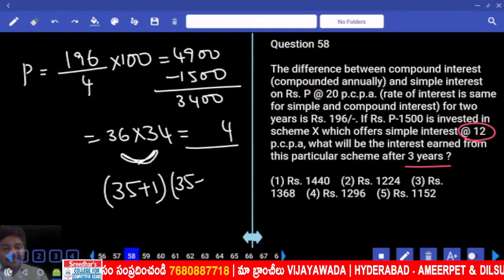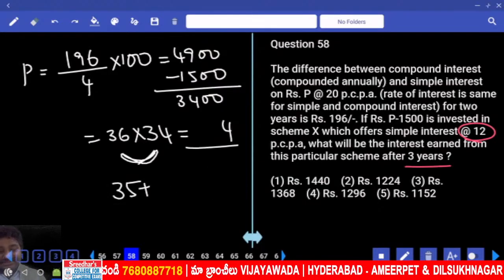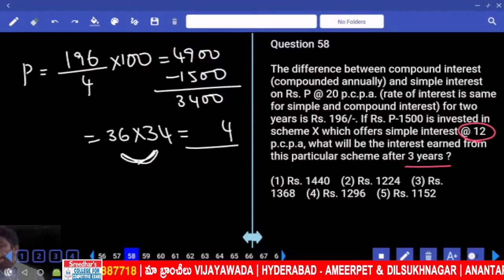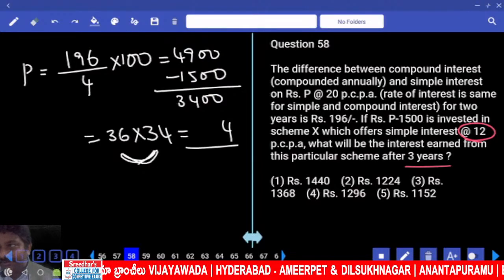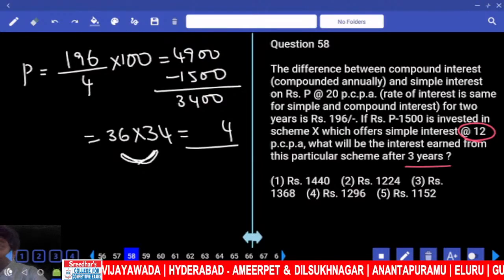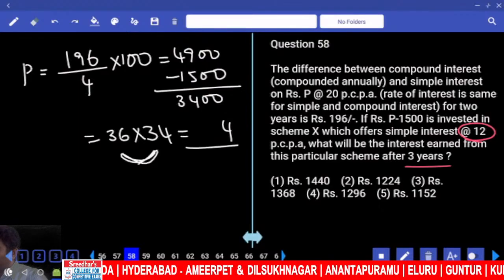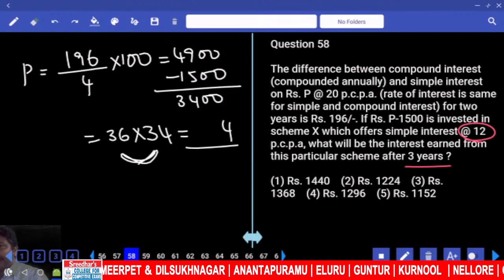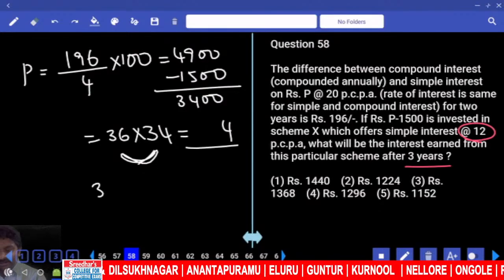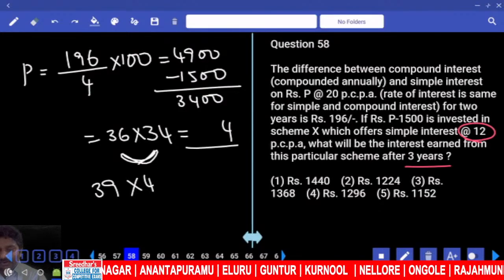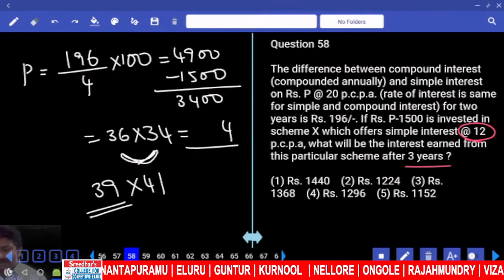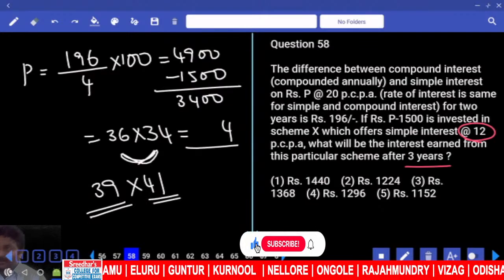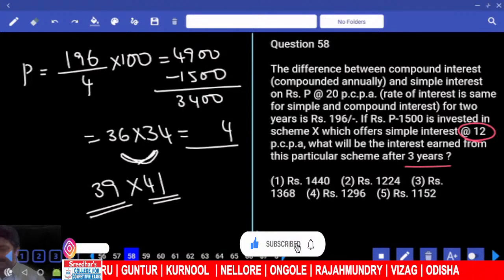So this is middle number square minus 1. This concept can be used for the product of two consecutive even numbers and at the same time the product of consecutive odd numbers also. Even for odd numbers we can use it. 39 into 41: this is 40 minus 1, 40 plus 1, 40 square minus 1. Got it?